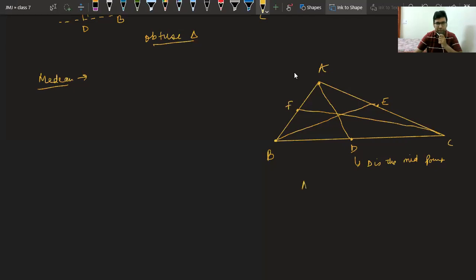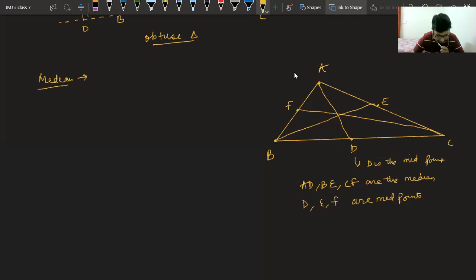So you can say AD, BE and CF are the medians. And we can say D, E, F are midpoints of sides BC, AC and AB respectively. A triangle can contain three medians.